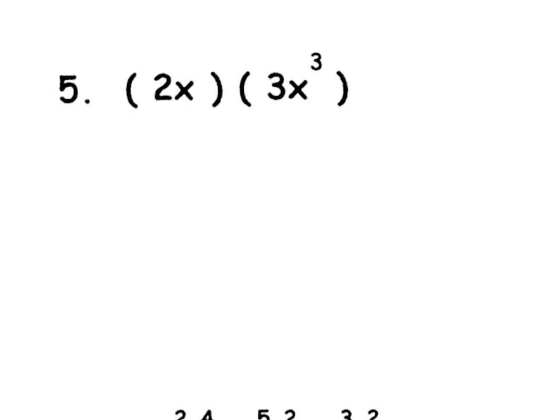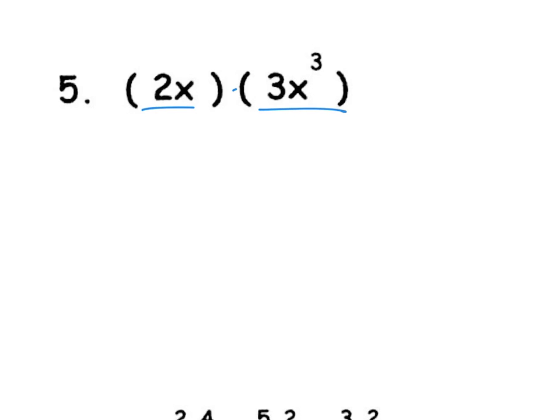Now notice in 5, is there anything on the outside of the parentheses? There isn't. There is nothing to distribute. So you don't actually have to distribute anything. It turns out that this is just straight multiplication.